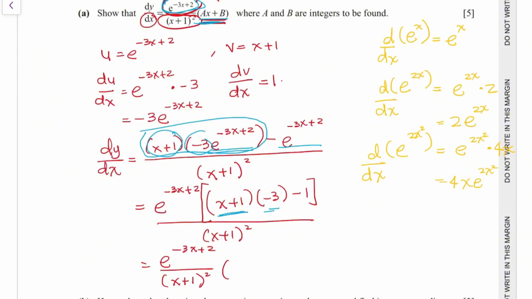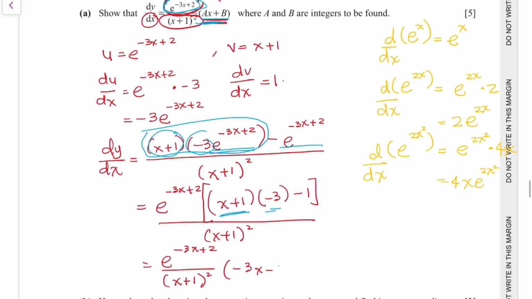And then I just need to simplify that. I should have negative 3x minus 3 minus 1, which is going to be minus 4. All right, I'm just going to erase it, okay, which is minus 4. And I'm done. My a is negative 3, my b is negative 4.